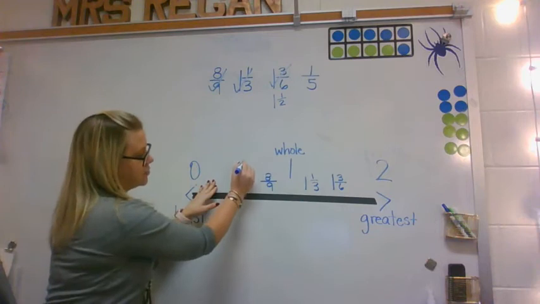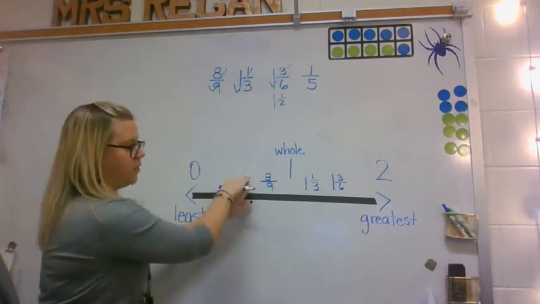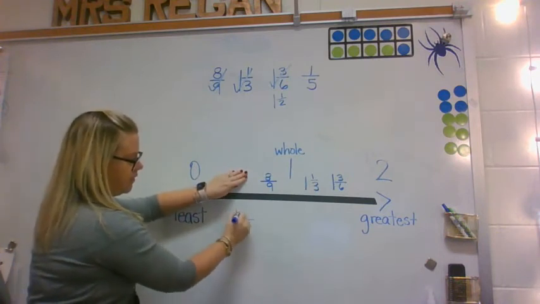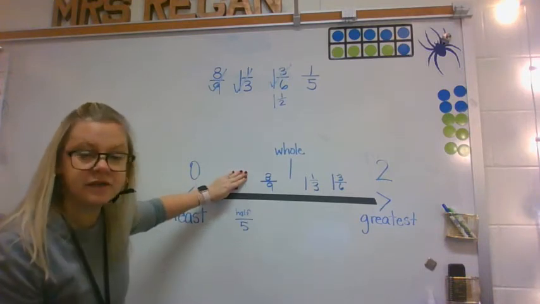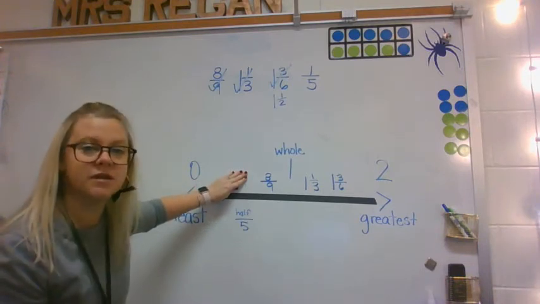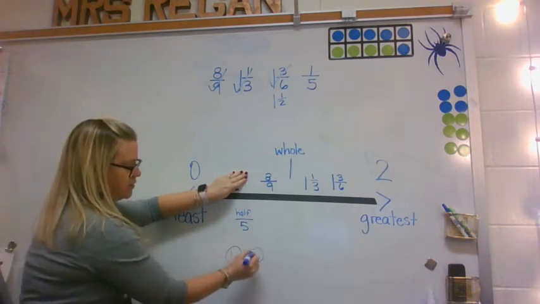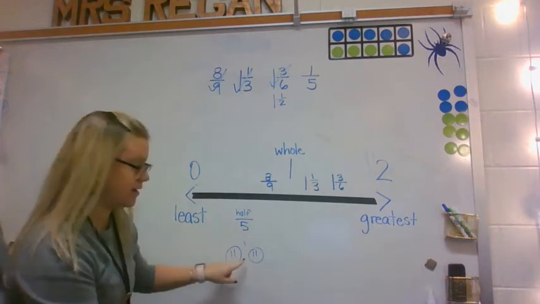So here's another little trick. If I know that this mark right here is halfway between my 1 and my 0, I can think about what would be half of 5. Do you know what half of 5 is? Well, let's see. 1, 2, 3, 4, 5. 2 and a half.